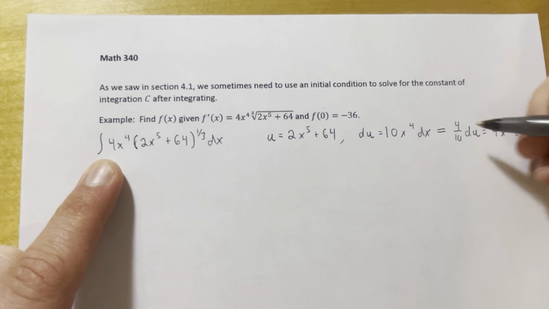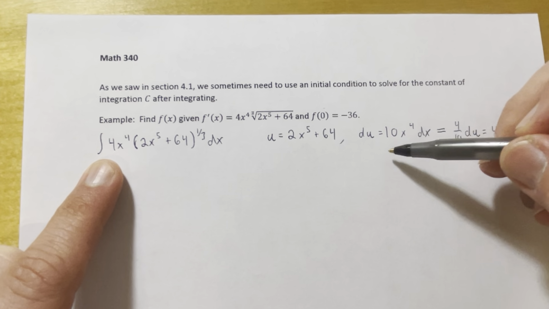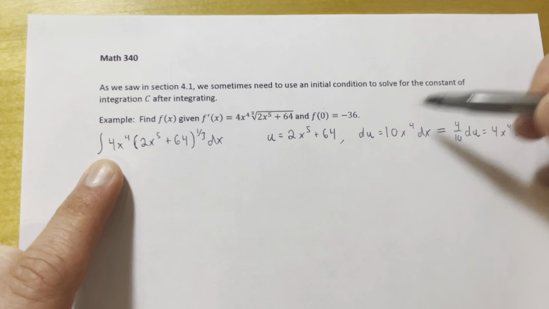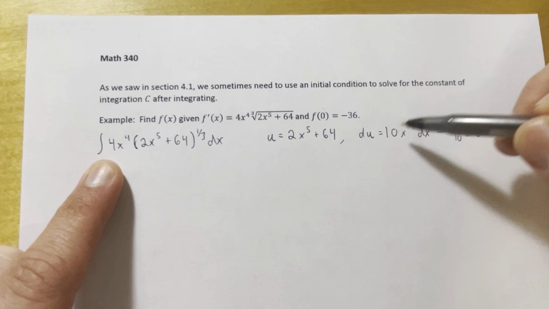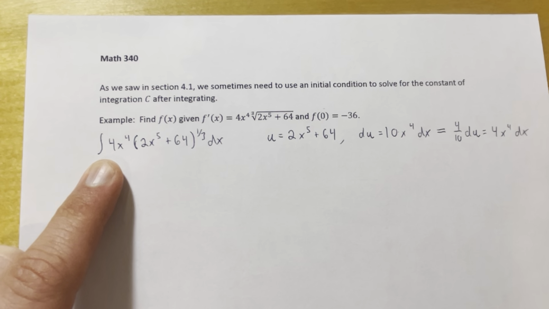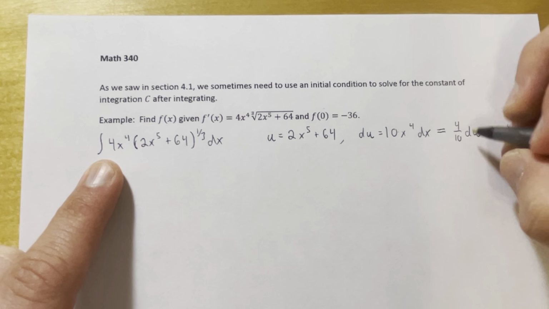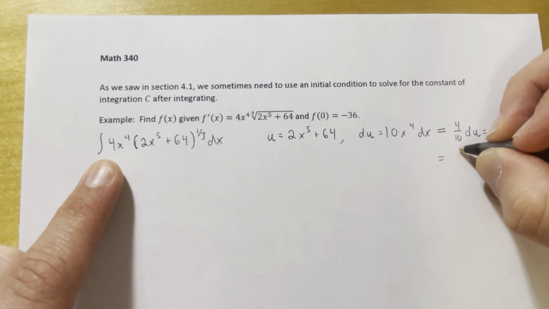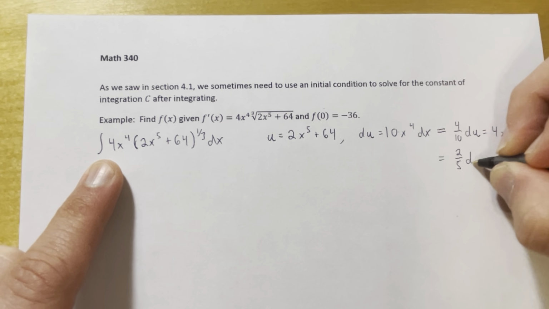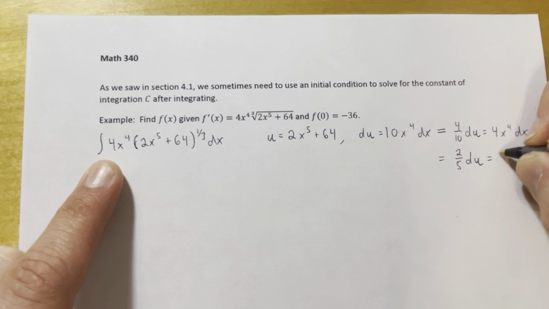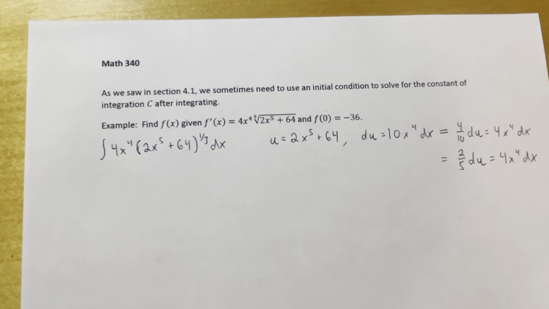Again, I do that because I want to multiply by a fraction whose denominator matches this constant, causing it to cancel out, and whose numerator is whatever number I want to replace that by, 4. This is fine, but the 4/10 here can be simplified. Let's write it as 2/5. 2/5 du equals 4x to the fourth dx.